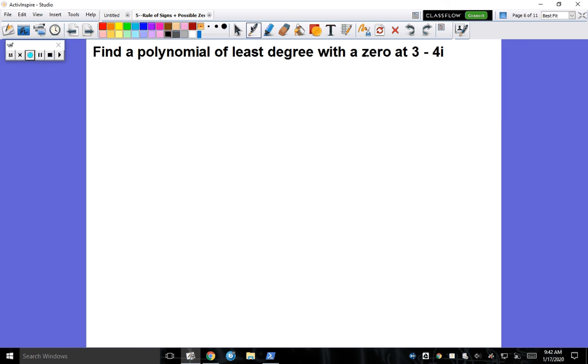Okay, so with the zero of 3 minus 4i. First of all, if this is a zero, is there another zero? Yeah, what is it? 3 plus 4i. Okay, so this is where the confusion lies just a little bit. I heard what you said. Right now, this looks like 3 minus 4i, and it looks like what I showed you.